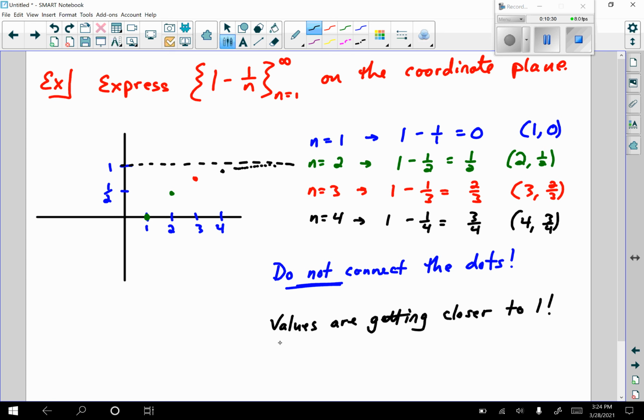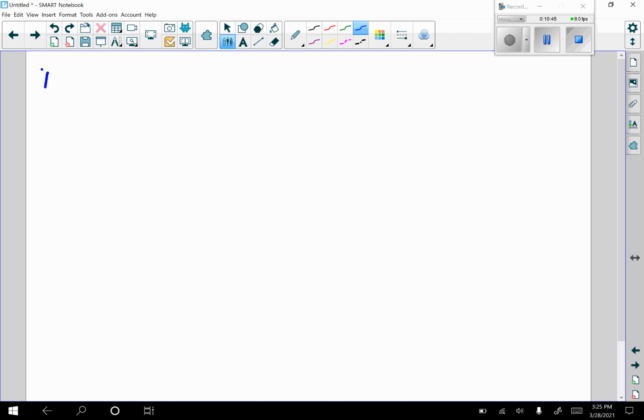And this leads to limits. We seem to bring back limits into everything that we're looking at here. All right, so let's take a look at another definition.